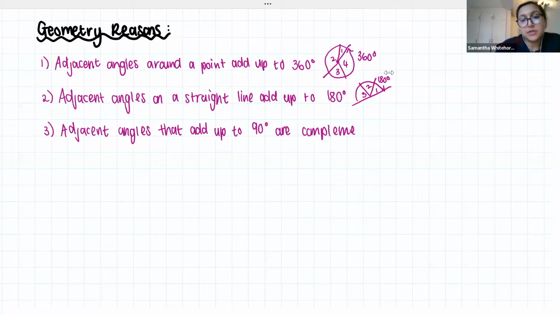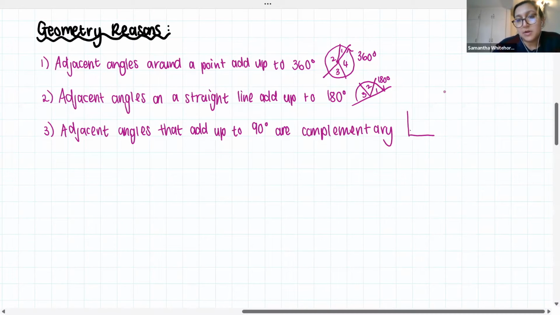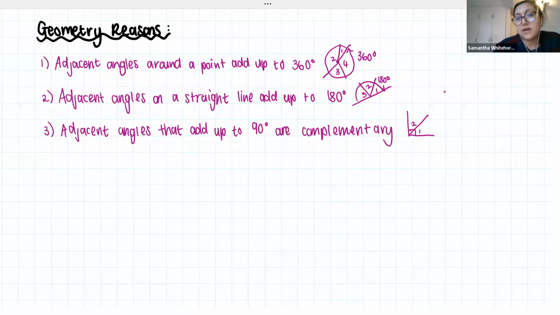Now remember, when you're given an image in a diagram and it has that little square in it, that basically means that you have a 90-degree angle. Like I said, this isn't a reason that comes up a lot, but it's useful to always know.